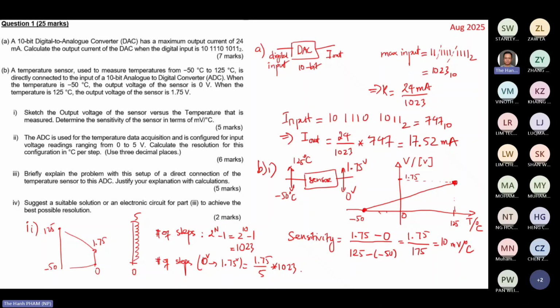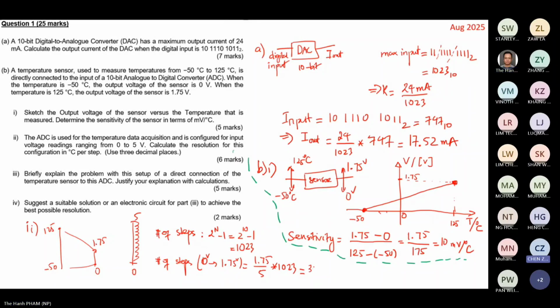right? Which is, can anyone help me? What is the value? 358.05.